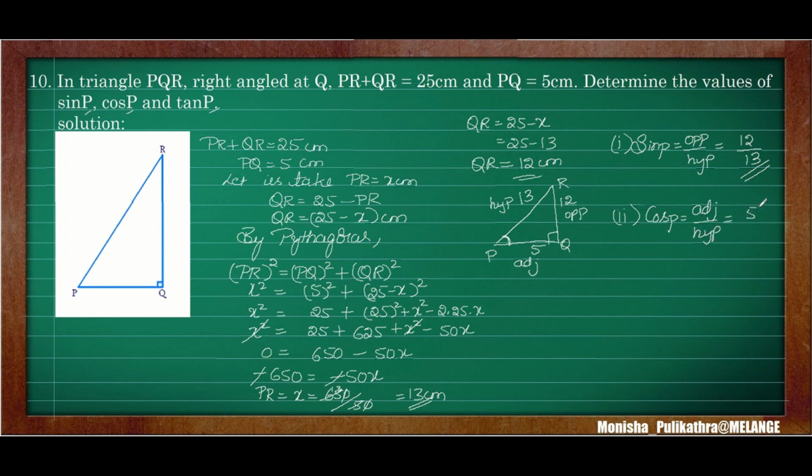Here the adjacent side is 5 and the hypotenuse is 13, so 5 by 13. And the third one is tan P, which is opposite by adjacent, that is 12 by 5. So we have found sin P is 12 by 13, cos P is 5 by 13 and tan P is 12 by 5. I hope you understood this.